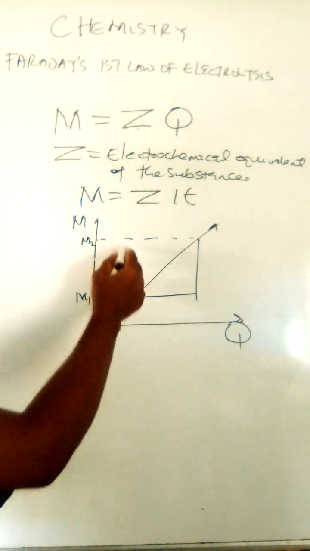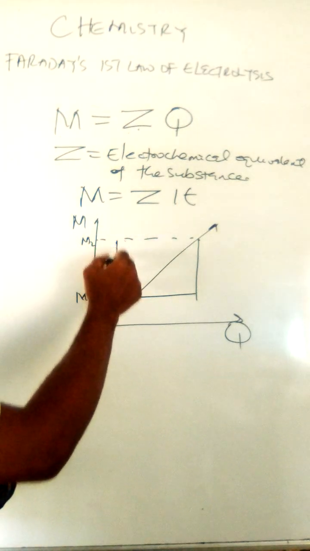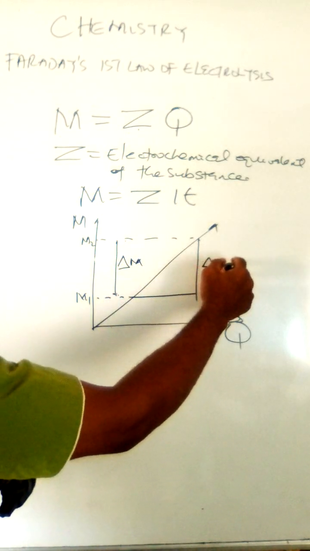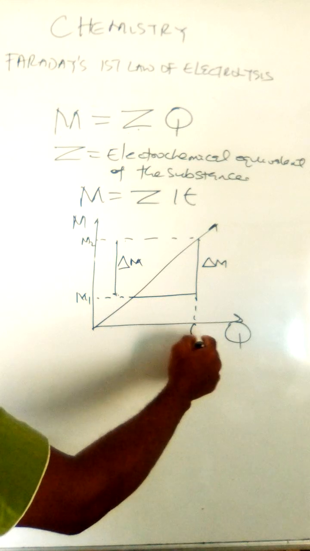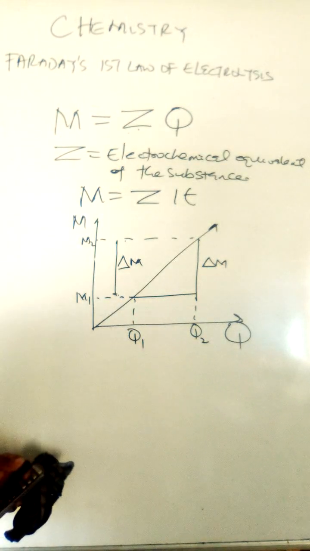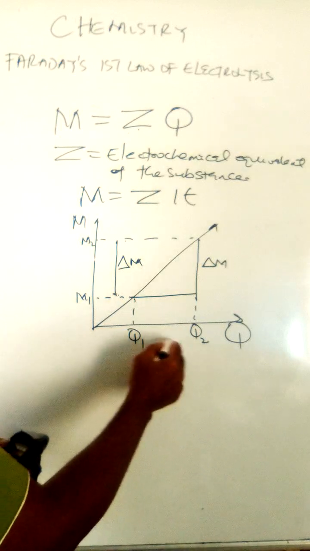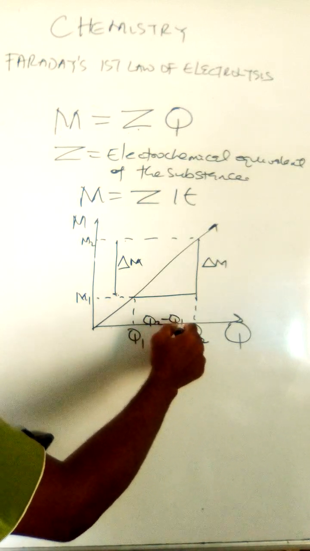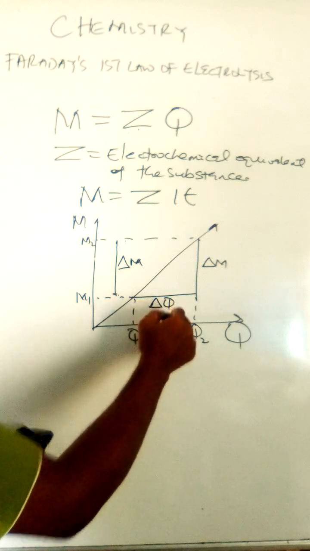The change in vertical axis, from here to here, can be written as delta M, change in mass. Take this place as Q2, Q1. Change in horizontal axis can be given as Q2 minus Q1, that is delta Q.